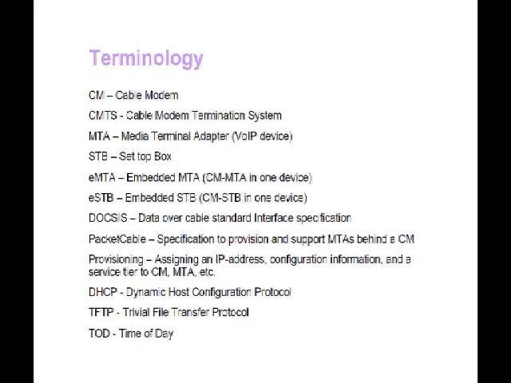When an MTA or STB has an E in front of it, it simply implies that it's physically embedded with the cable modem, but still logically two separate devices. In DOCSIS networks, the cable modem is a prerequisite, right? The cable modem provides the underlying DOCSIS connectivity, which enables the logical device, the MTA or the set-top box behind it, to come online and be provisioned.